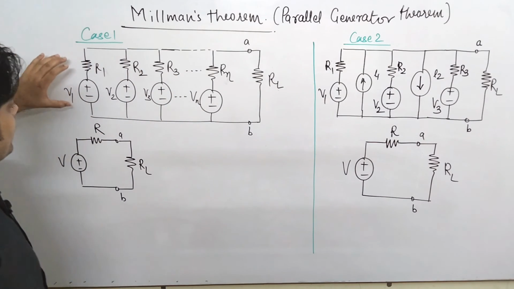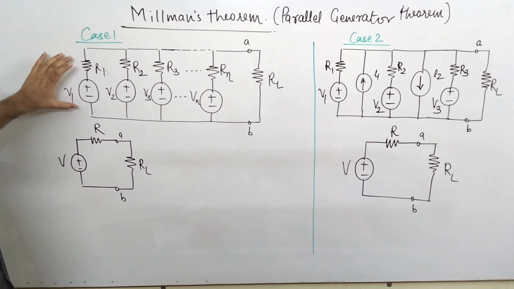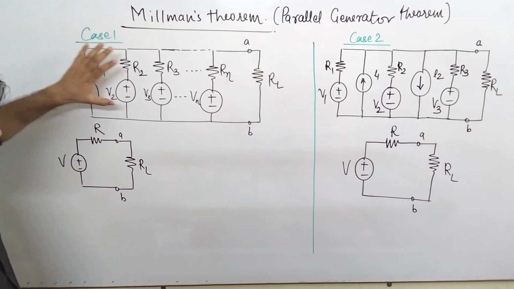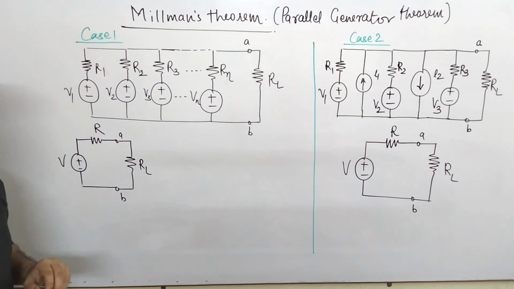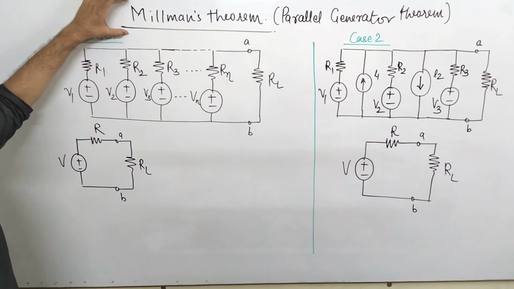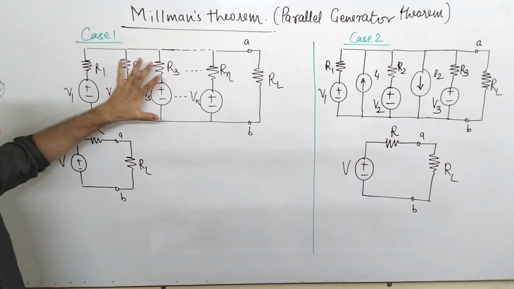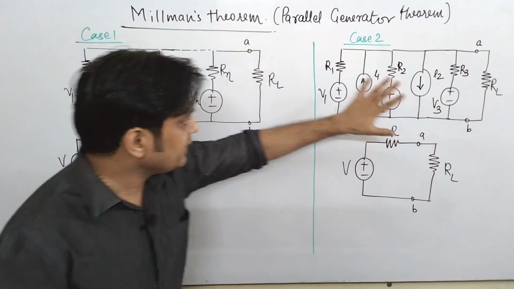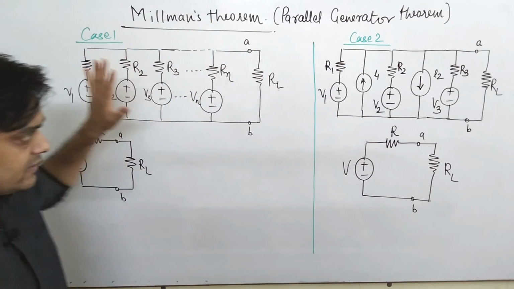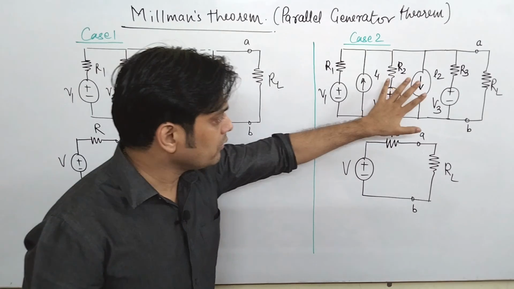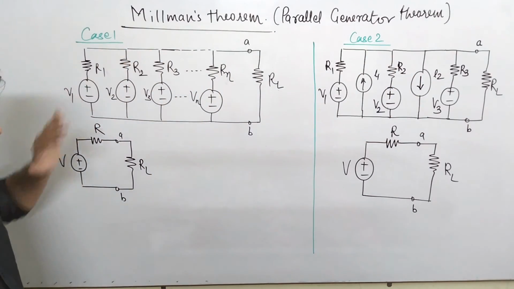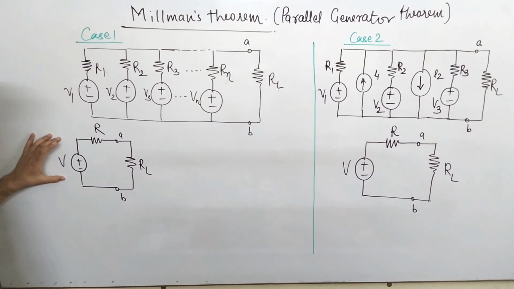It is because Millman's theorem is applicable when a parallel combination of voltage and current sources is present. Millman's theorem states that any parallel combination of voltage and current sources, I have taken case 1 and case 2, please try to understand, can be combined in this form.